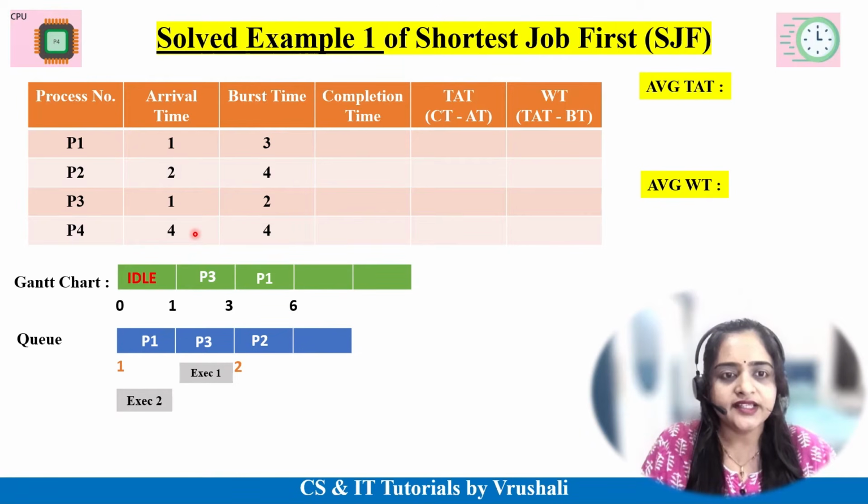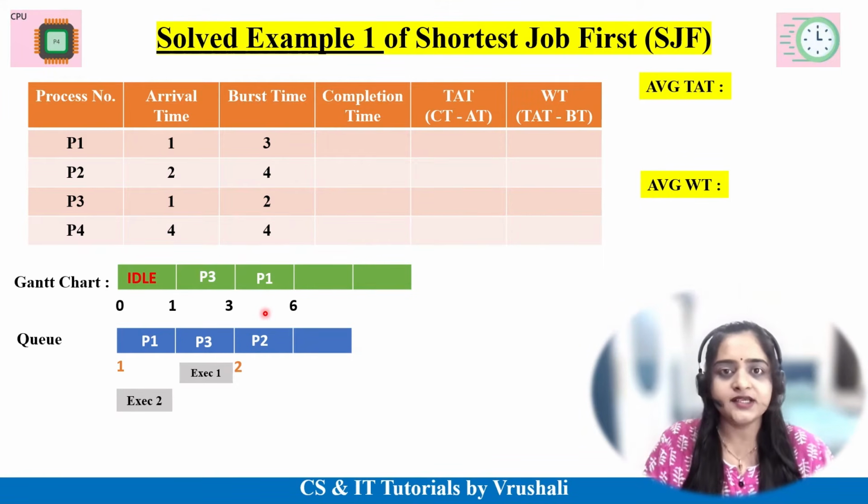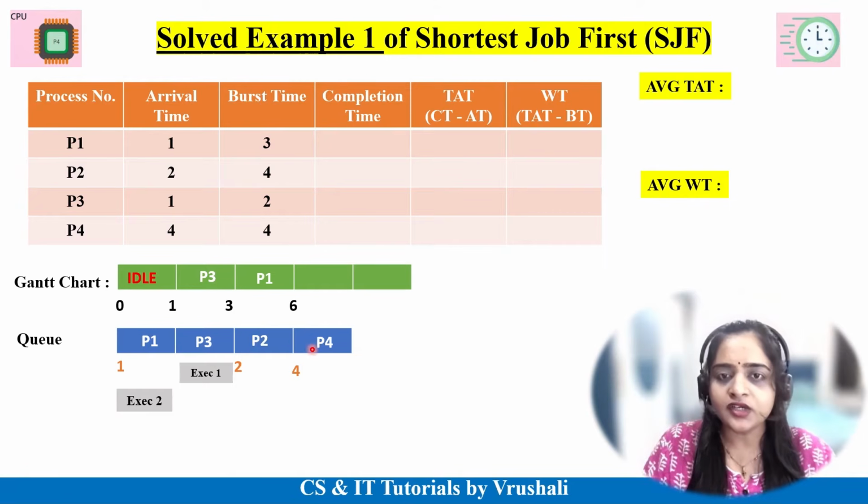See, there is the P4 process because P4 arrival time is 4. Suppose CPU is busy with P1 here, right? So at 4 o'clock this P4 process has come, but CPU is busy with P1, so your P4 process goes to the queue in waiting state, right? Now in your queue there are total two processes, P2 and P4.